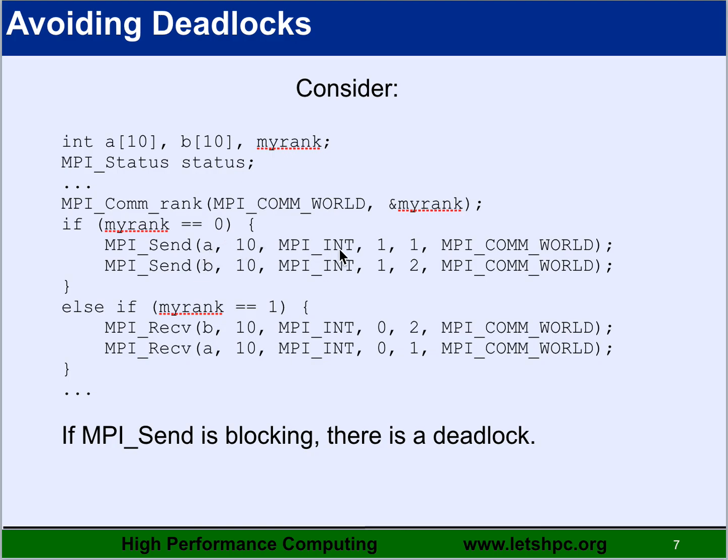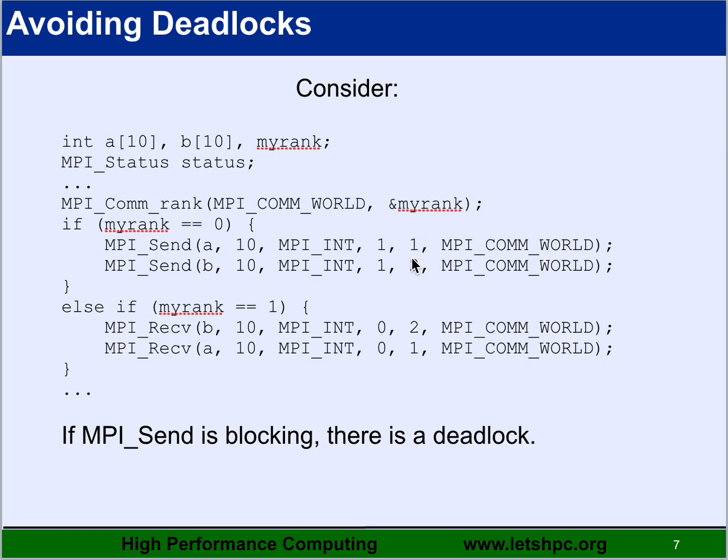So this is an integer variable, and this is the point where it is sending. Okay. Now process 1 is supposed to receive this A from 0.